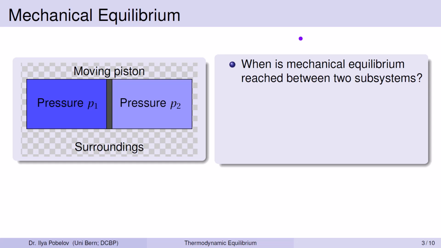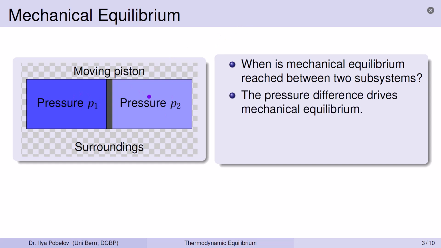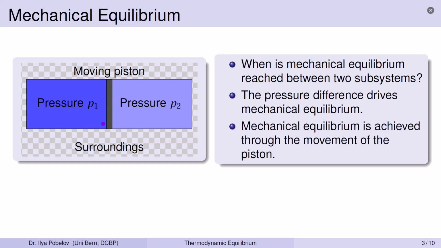The answer lies in the pressure of the two subsystems. Equilibrium is established when there is no difference in pressure between them. This pressure differential acts as the driving force, pushing the system toward mechanical equilibrium. But the actual balancing act is realized through the movement of the piston.